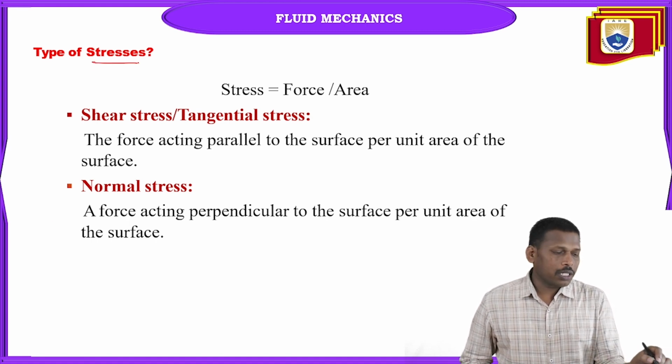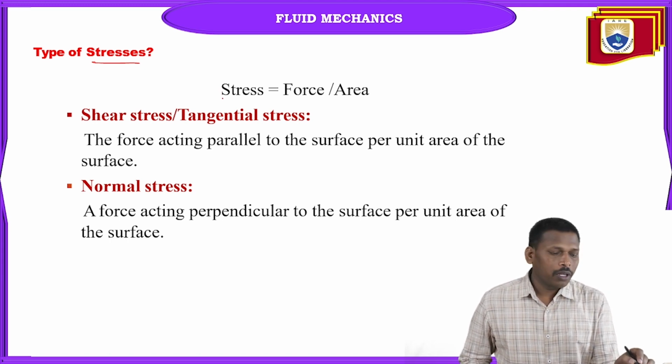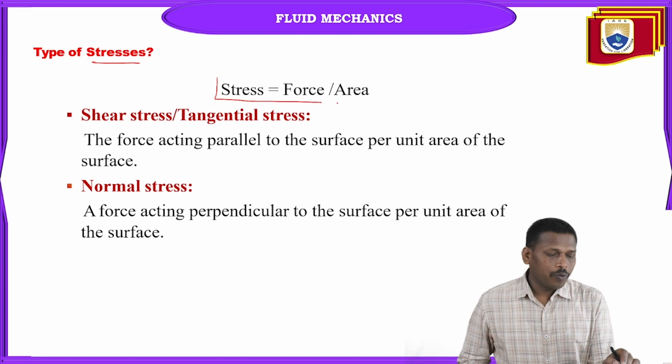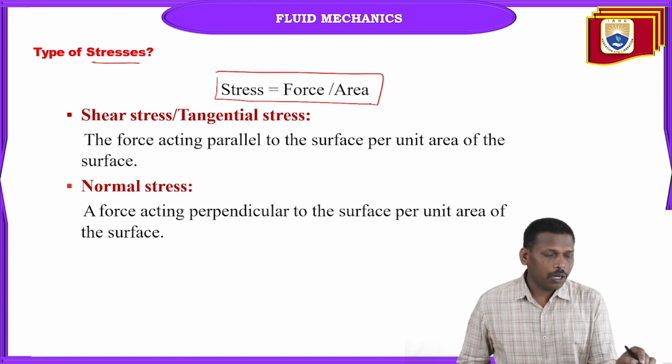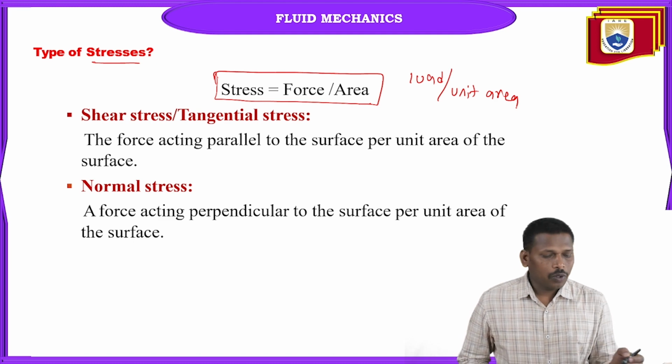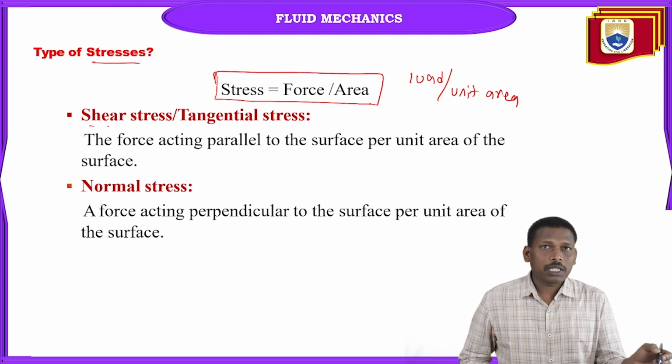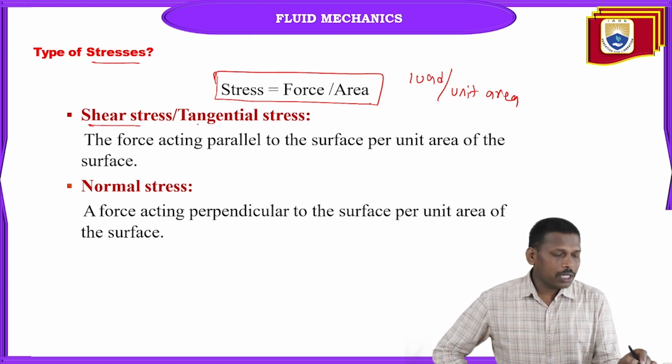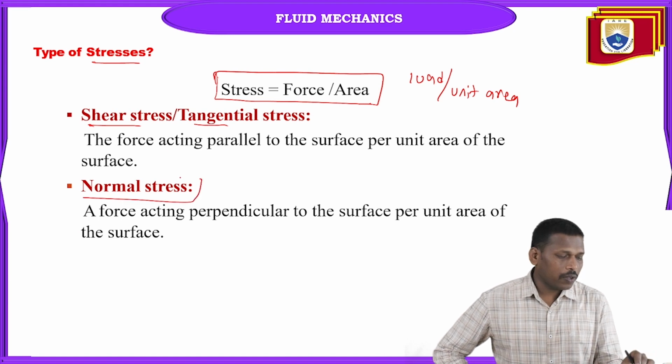And coming to the stresses, as all of you know, stress is defined as force per unit area or load per unit area. The stresses are basically shear stress, or tangential stress, and then there is normal stress.